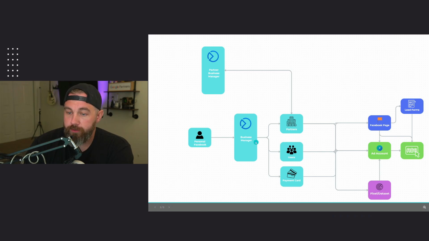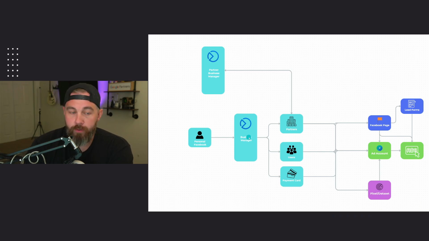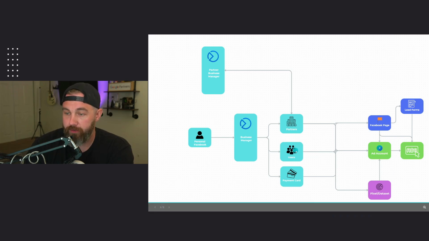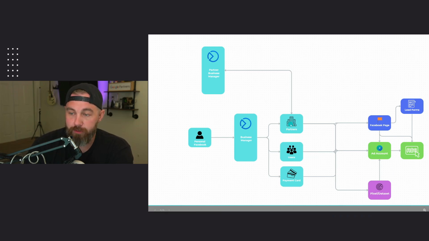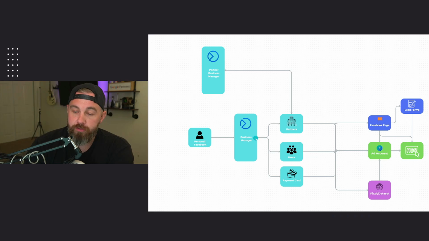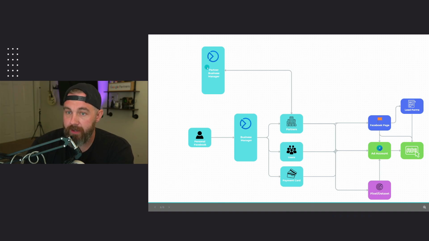Now, your users can have admin or basically standard access in your Business Manager to create additional ad accounts, additional Facebook pages, other stuff in here. So that's why it's important to have a distinction between partners and users. Users can potentially have more impact to control your Business Manager, whereas a partner, you can limit the access that they have, which will be to the things that they need access to specifically.